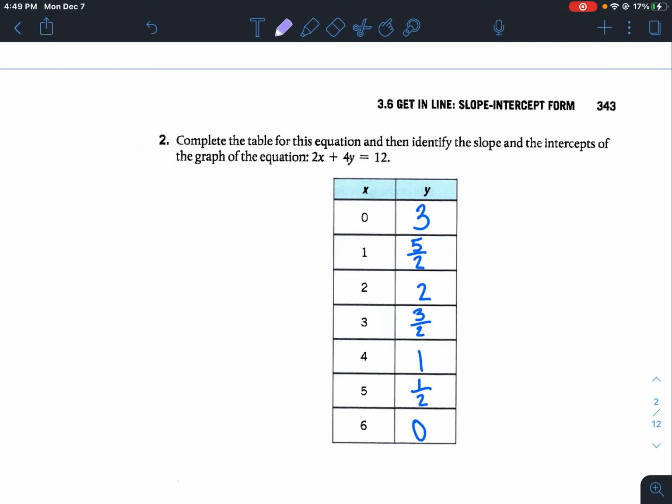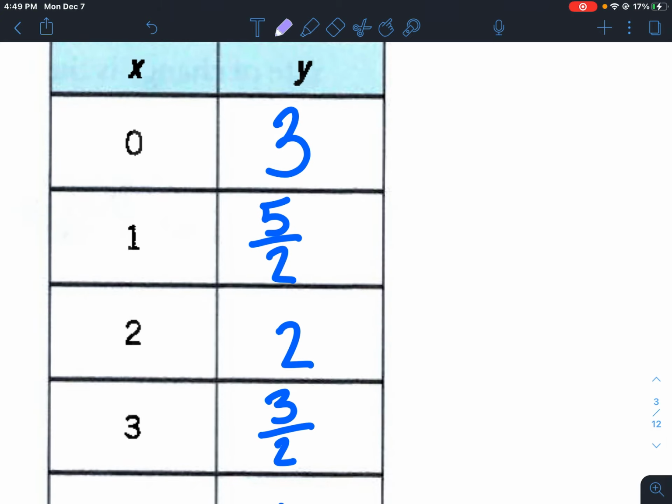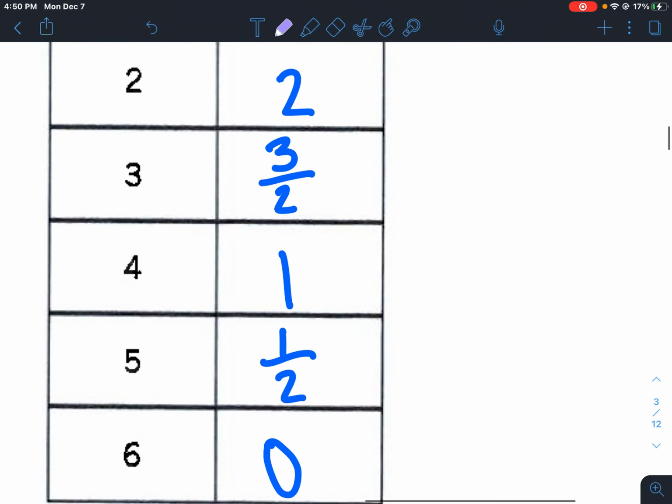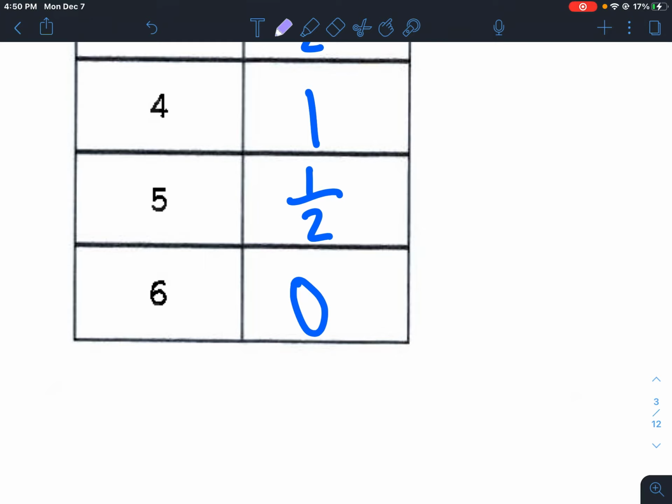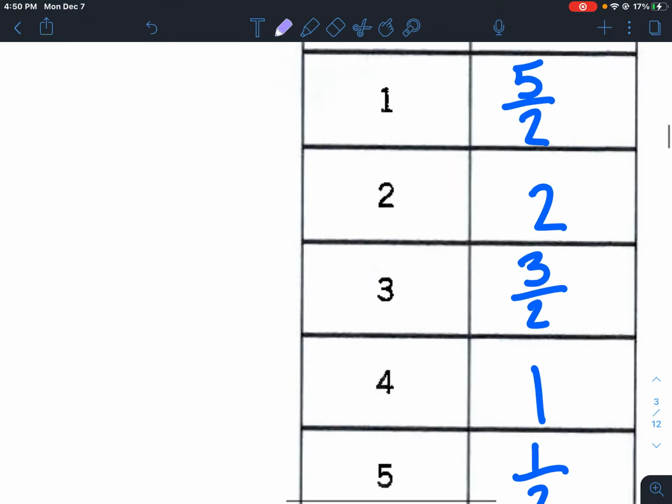Okay, from there, we'll figure out our slope. It's just the difference of the y values over the difference of the x values. I am decreasing by 1/2 each time. Okay, I can see it a little bit better down here if you're not very good at fractions. 1 to 1/2, 1/2 to 0 is minus 1/2 each time.